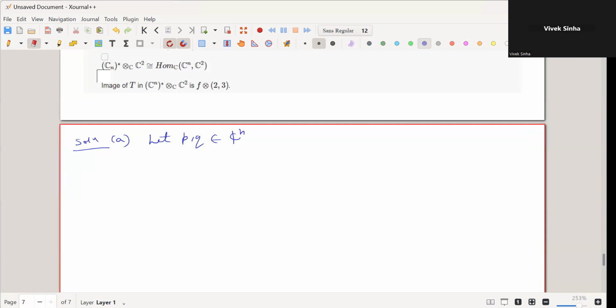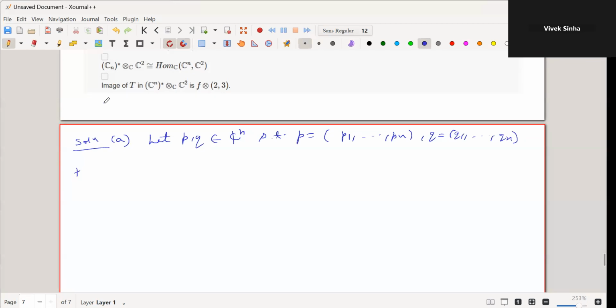Just to make things more clear, I will write it: P is some (P1, P2, ..., Pn), and Q is some, say, (Q1, Q2, ..., Qn).